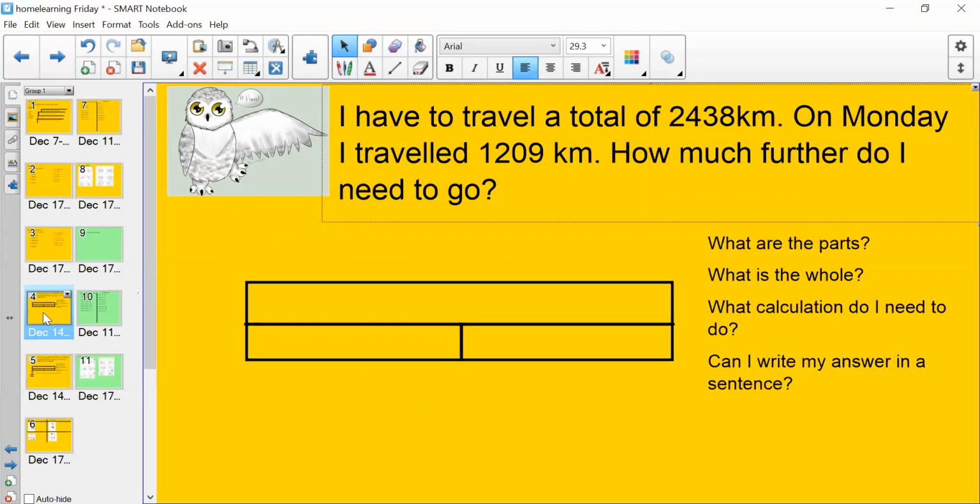By looking at if you've got the parts or the whole numbers, that can help you decide. So think about using the bar model to help you if you've got a whole or a part. Then write down your answer in an answer sentence. So pause the video, get a scrap piece of paper or a book or a whiteboard if you have one, and try and figure out the answer to this question.